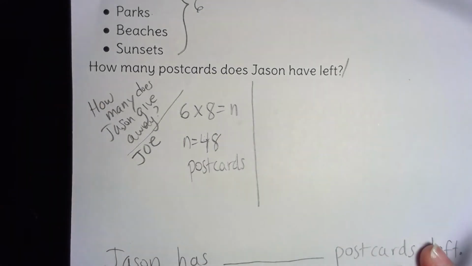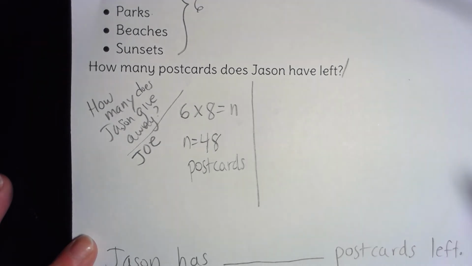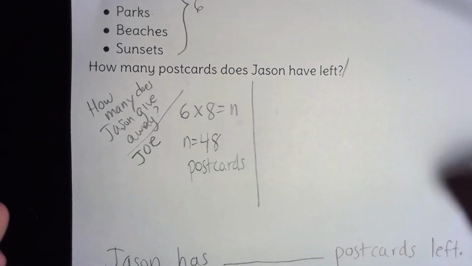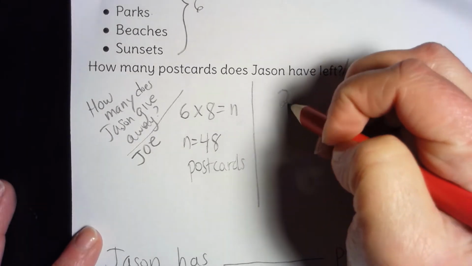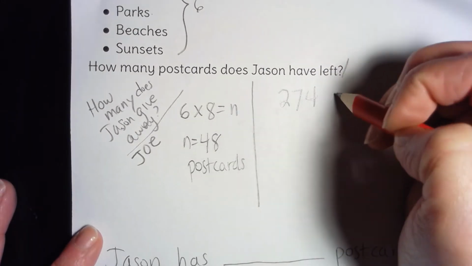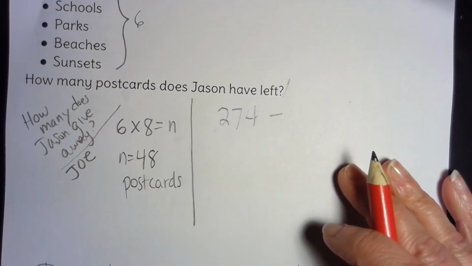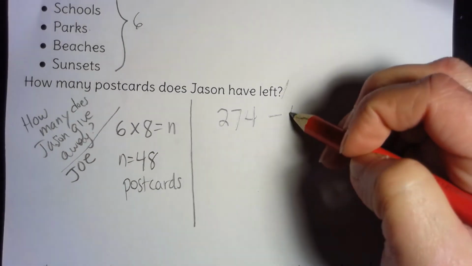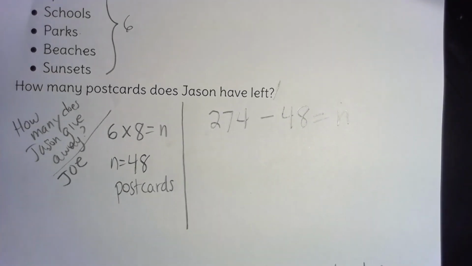So generous again, I just have to say. So if he is giving 48 postcards away, that's the number that we take away from the total he had before. So if Jason starts with 274 postcards and then he gives away 48 postcards, how many is he left with?